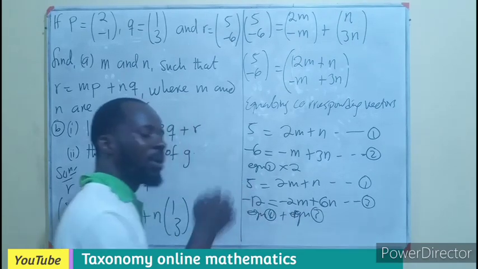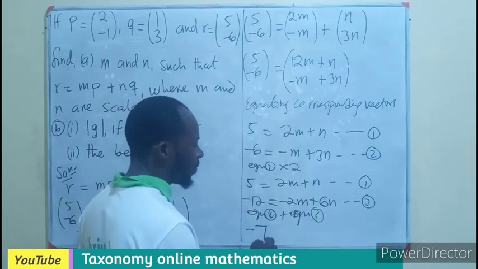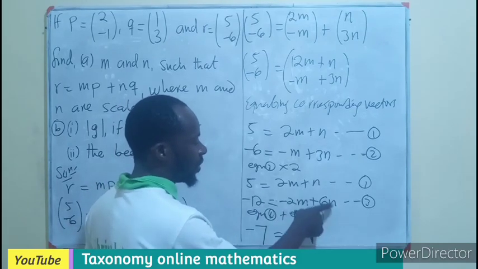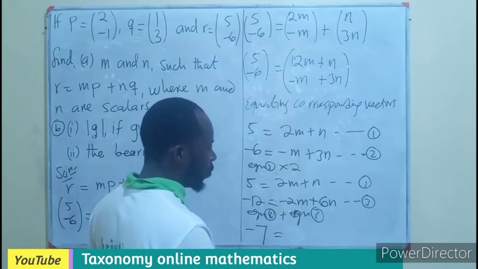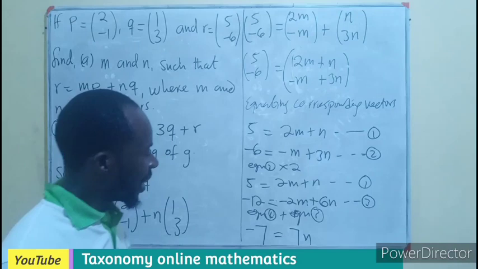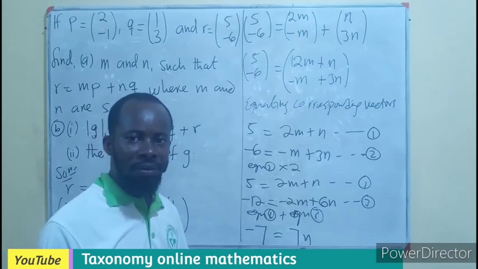So 5 plus minus 12 will be minus 7, equals, right here will be 0, and 6 plus 1 will be 7, so 7N.